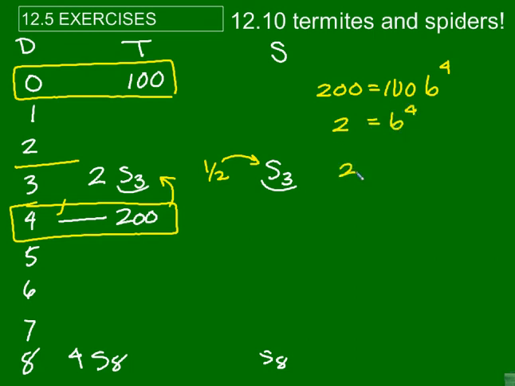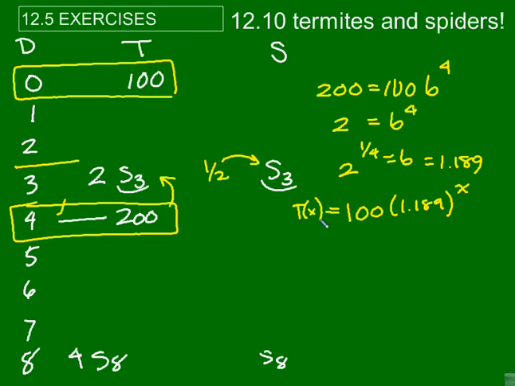So, 2 to the 1/4 power equals b. All right, well, 2 to the 1/4 is 1.189. So my equation is 1.189 to the x, and that is termites, right? T of x. Got it.